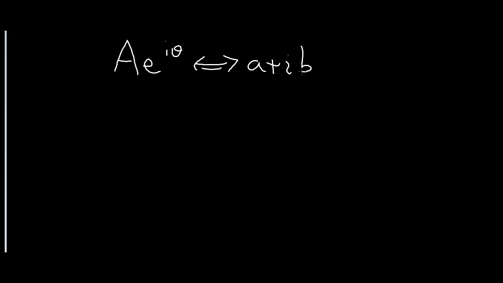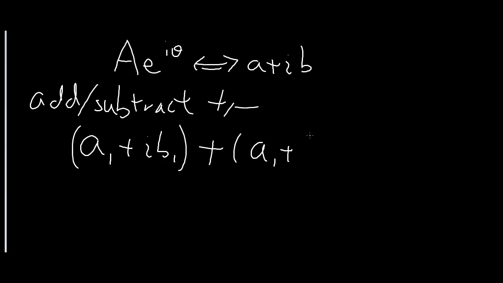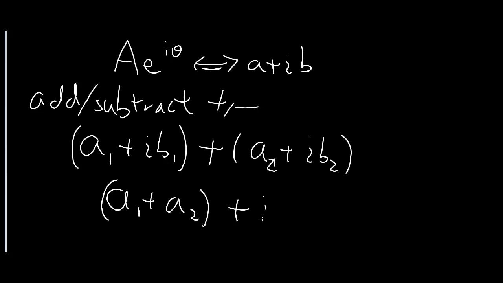For instance, if you add or subtract, it's obviously easier to do it with the a plus ib form, because you have a1 plus ib1 plus another number a2 plus ib2. You can just add the real component and then the imaginary component separately.